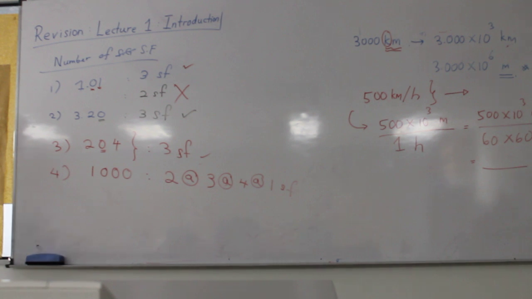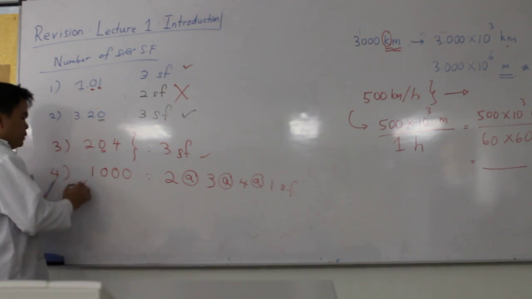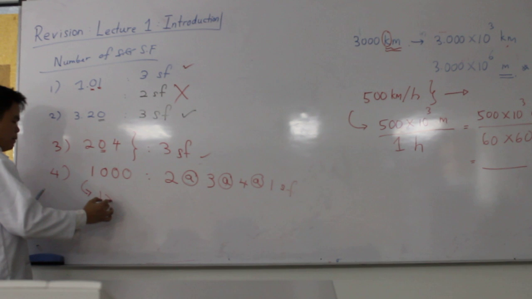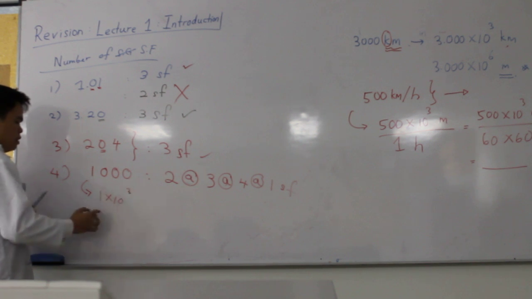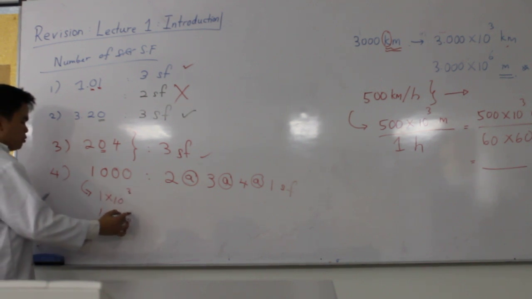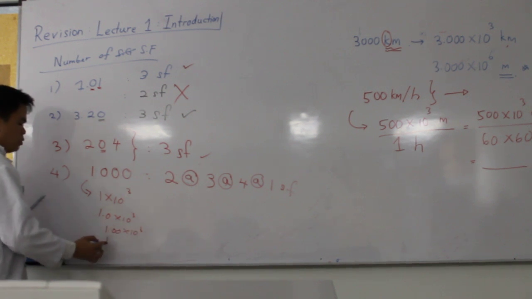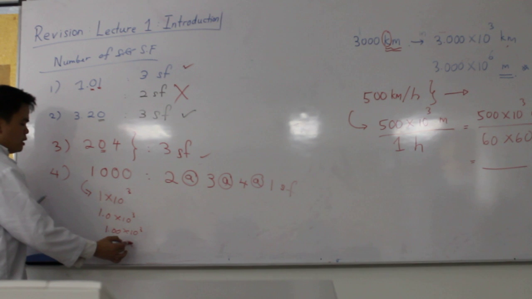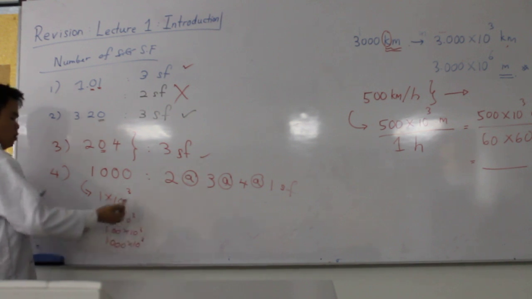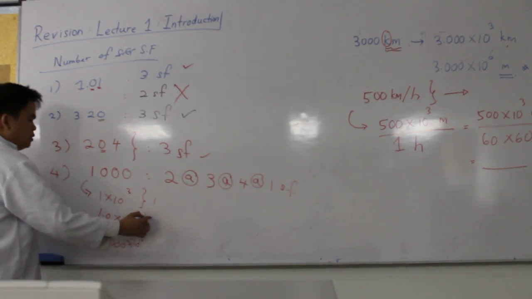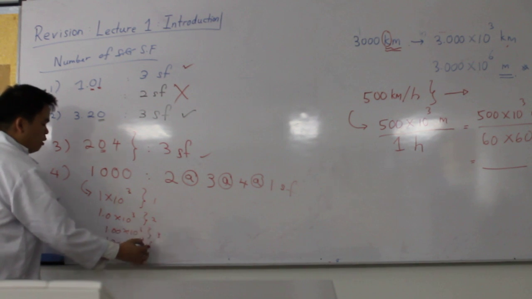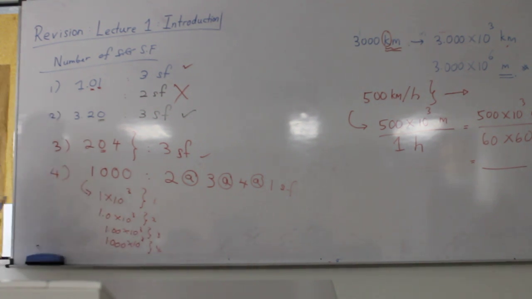Technically, if you put it in scientific notation, it can be 1 times 10 to the power 3, 1.0 times 10 to the power 3, 1.00 times 10 to the power 3, and the last one, 1.000 times 10 to the power 3. So that means it can be 1, 2, 3, or 4 significant figures.